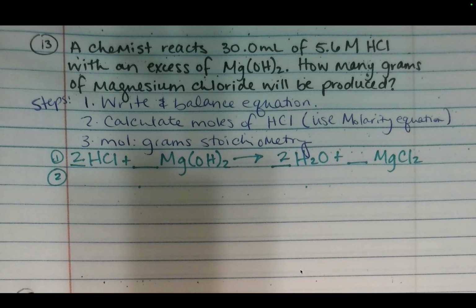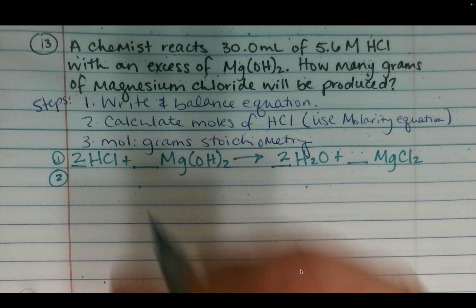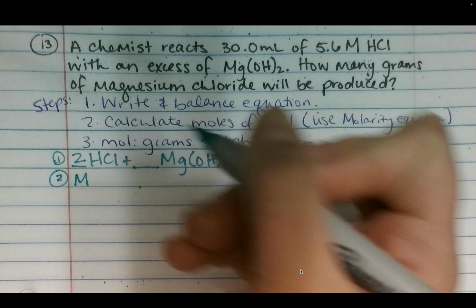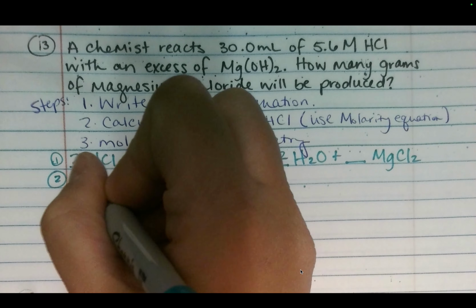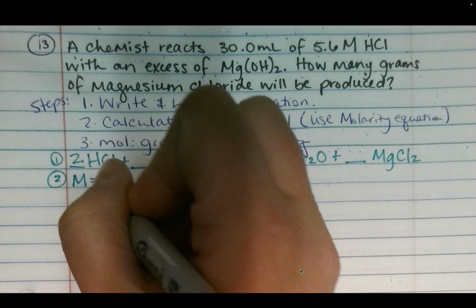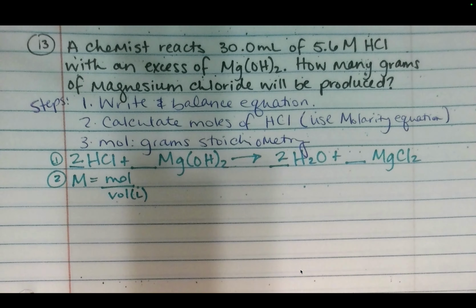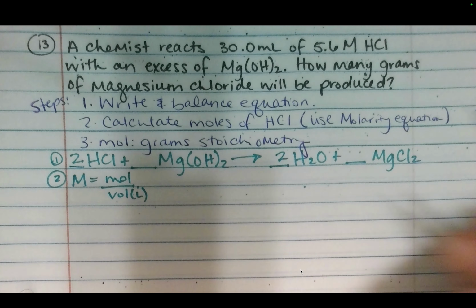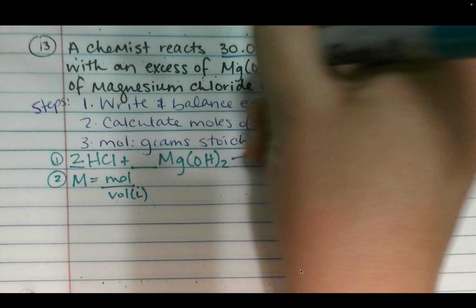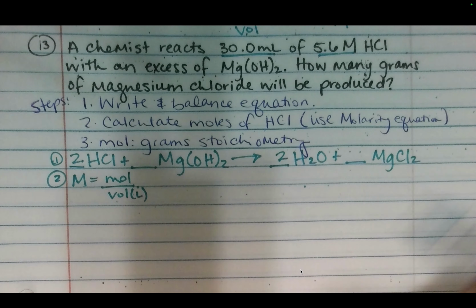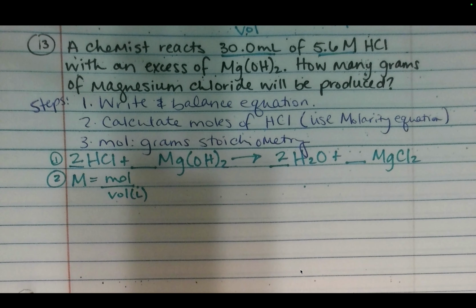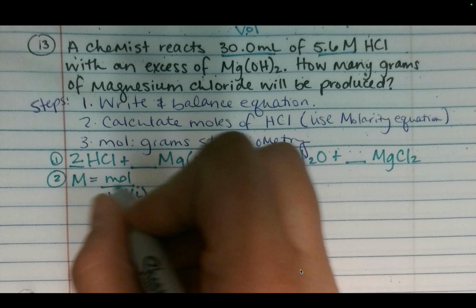Okay, step 2. Calculate the moles of hydrochloric acid using the molarity equation. We did that just a few minutes ago on the simpler problems. Remember, molarity equals moles over the volume in liters. I'm given my volume and my molarity. I want to know moles, so I need to rearrange the equation to solve for moles.